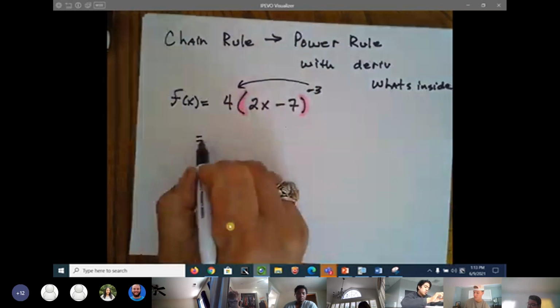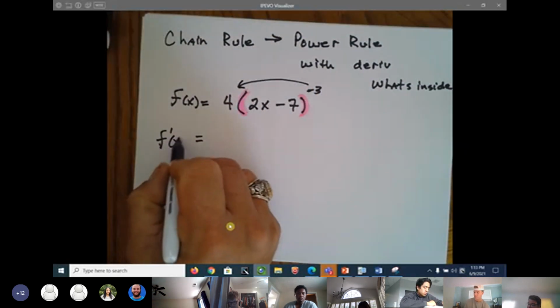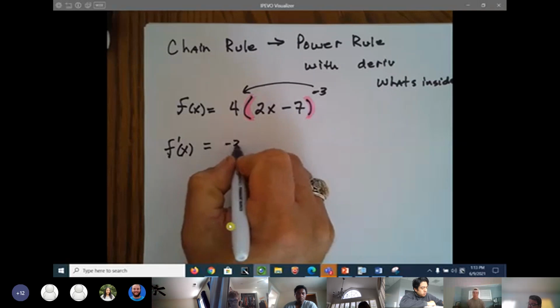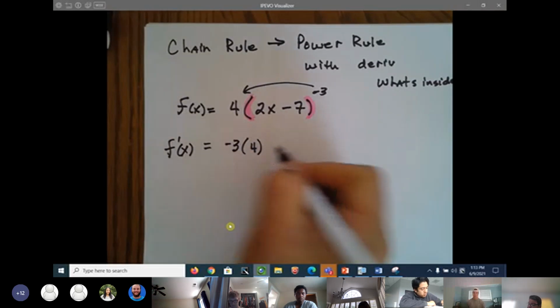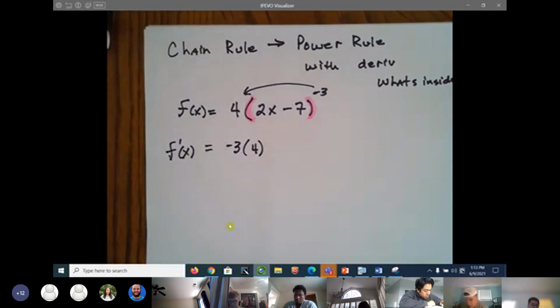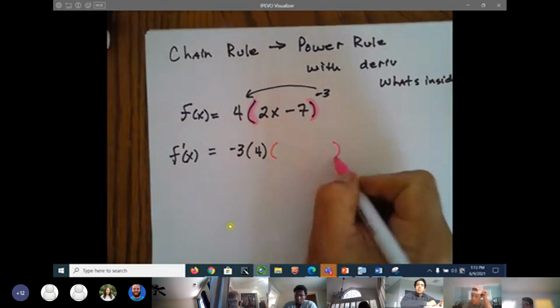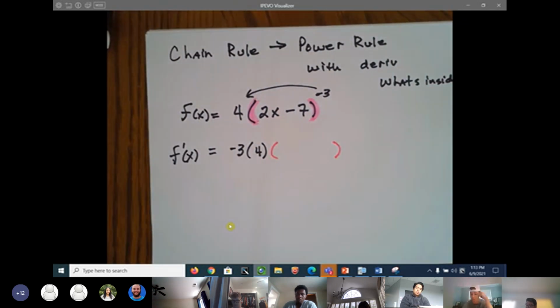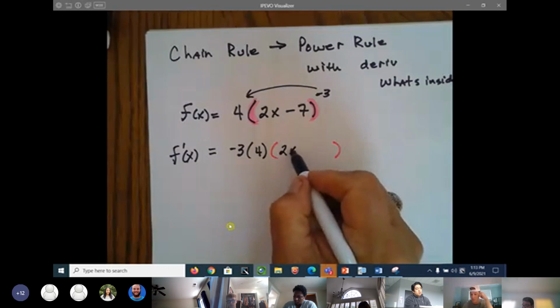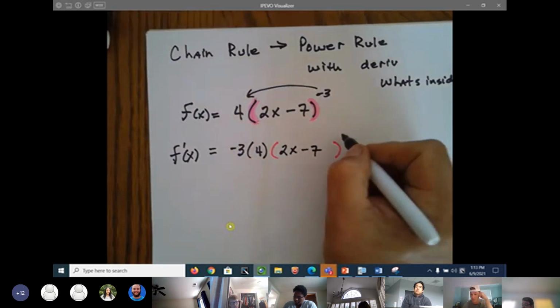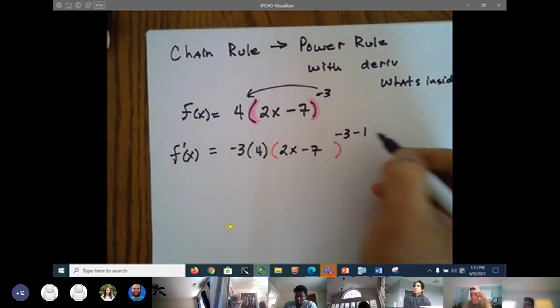So I'm going to do the power rule. That's going to be f prime of x, a negative 3 times 4. Don't forget to rewrite your parentheses: (2x minus 7) to the negative 3 minus 1.